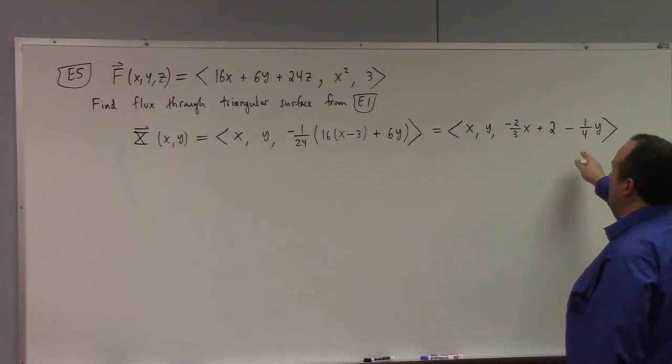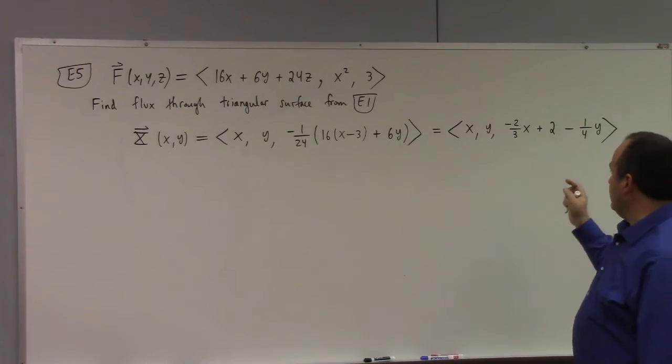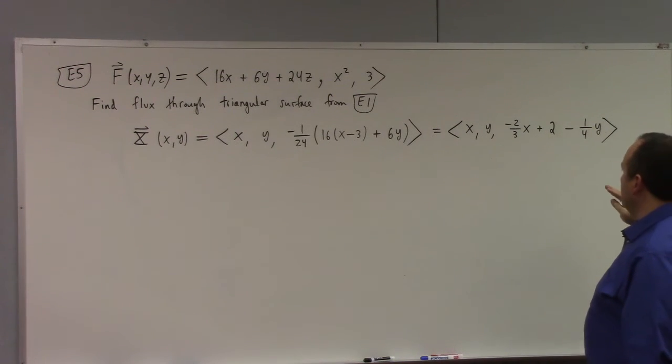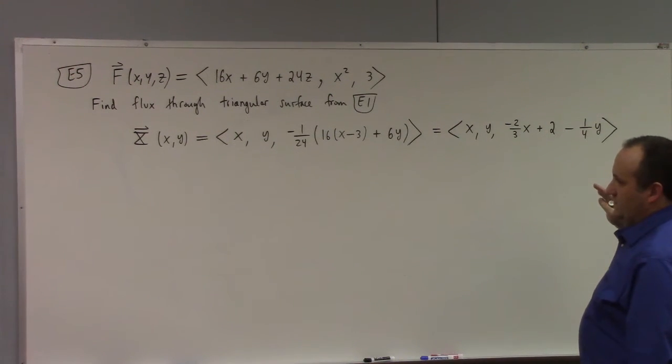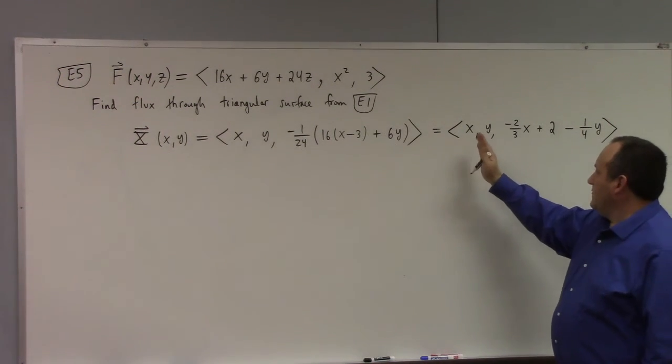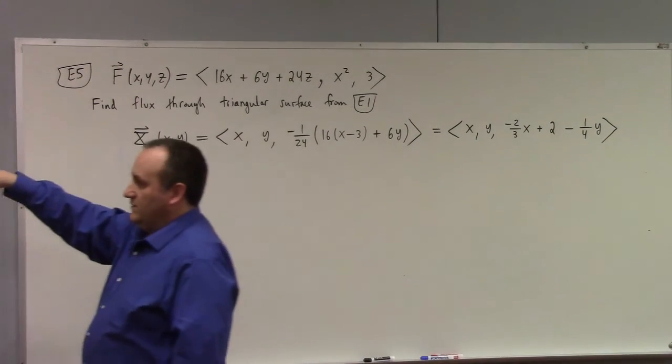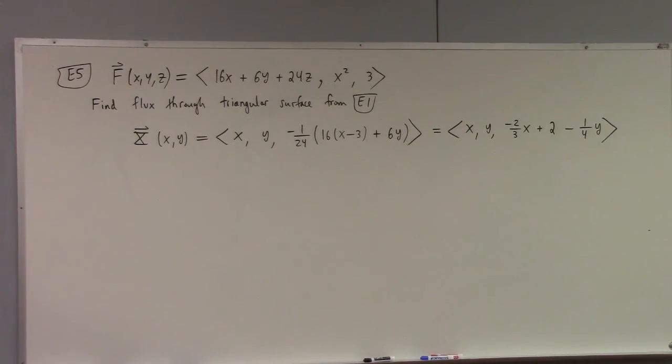We could check it, right? Like, try it out. What happens if you put x equal to 0 and y equal to 0? What do we get? X and y both 0. We get 0, 0, 2, which is what we're supposed to have. Right? 0, 0, 2 is a point. What happens when I put x and z both 0?